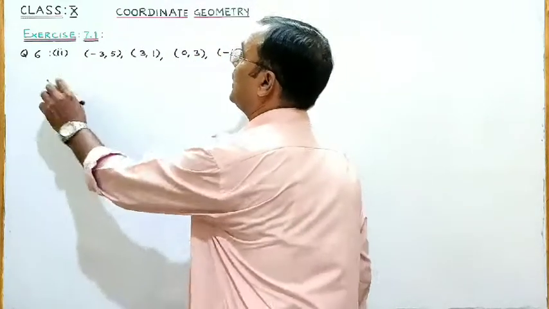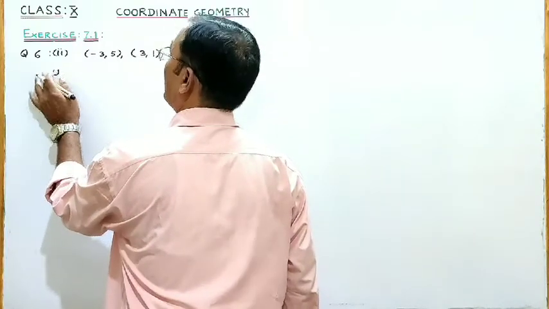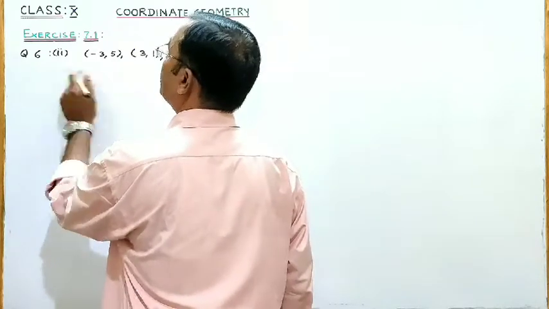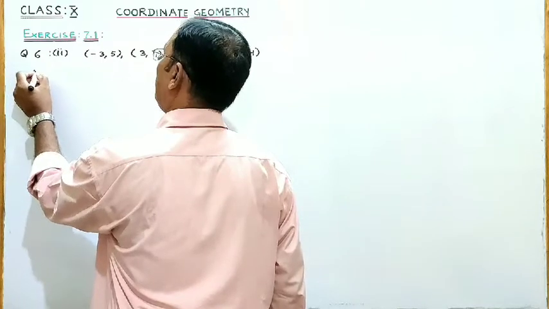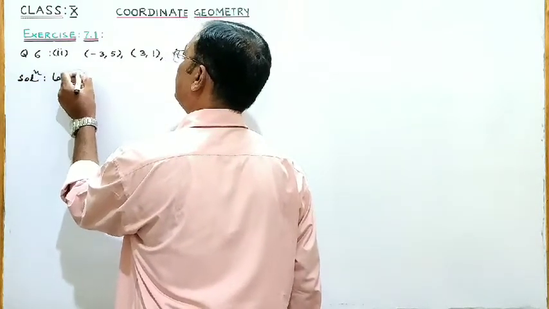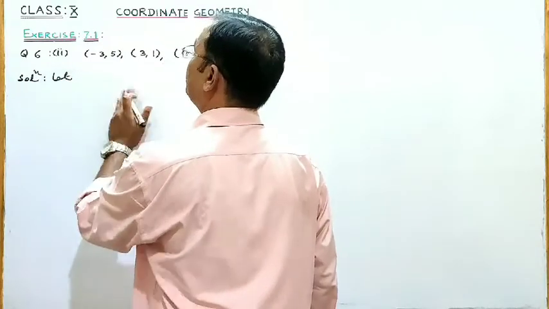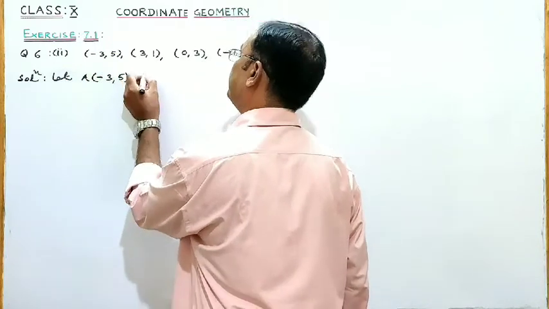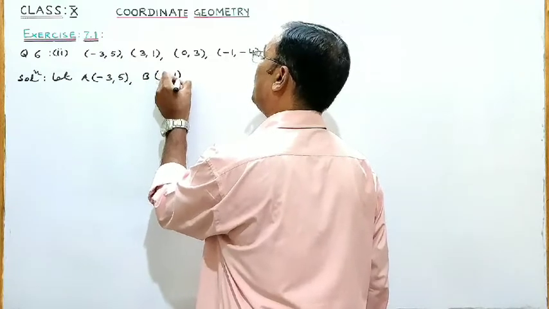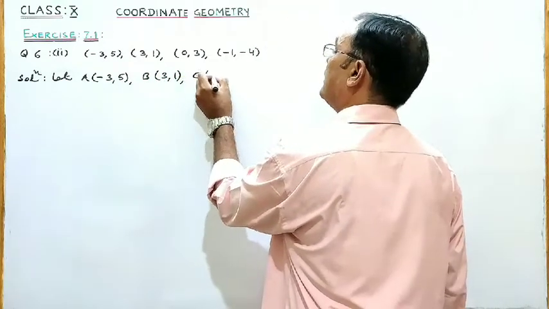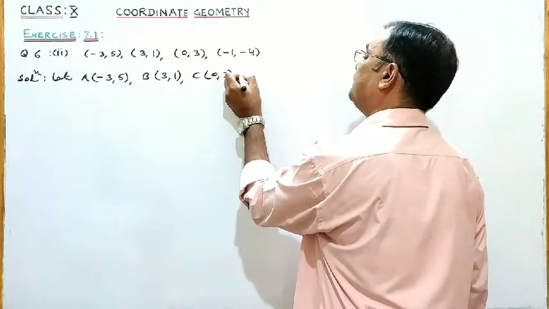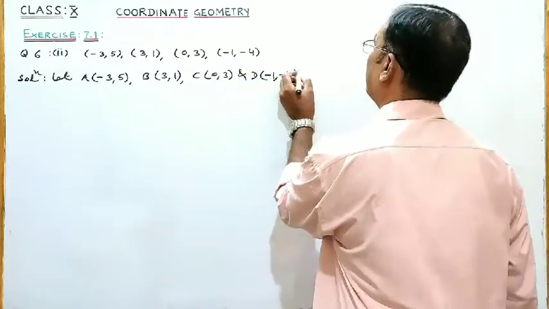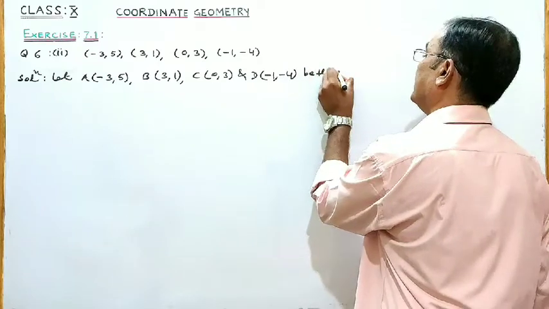So here also in this part, let the given points be A minus 3 comma 5, B 3 comma 1, C 0 comma 3 and D minus 1 comma minus 4 be the given points.